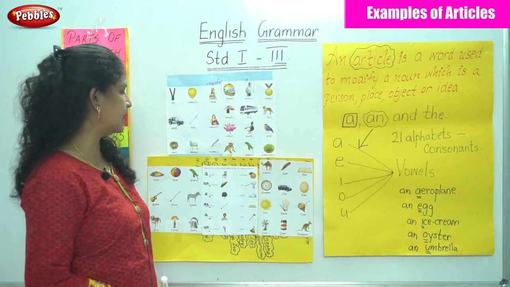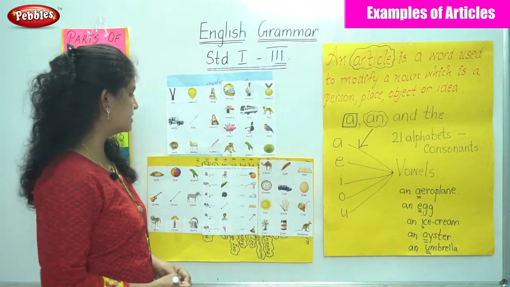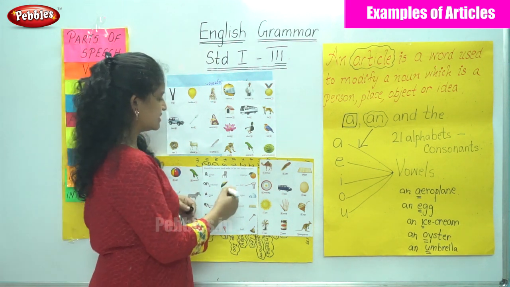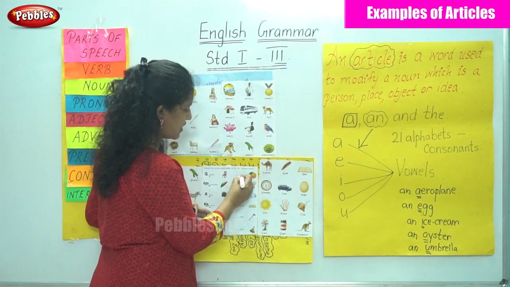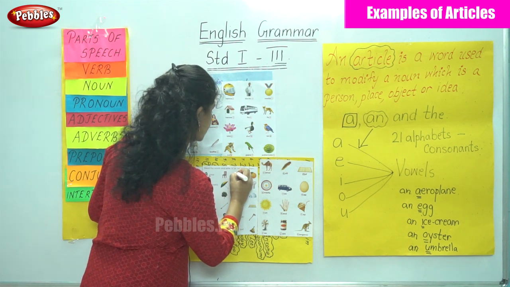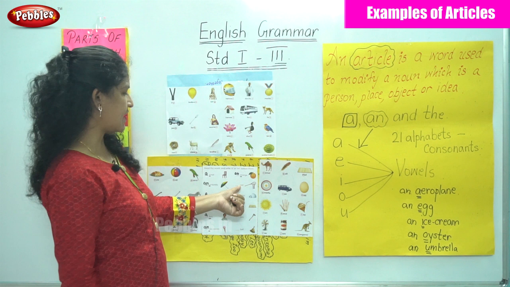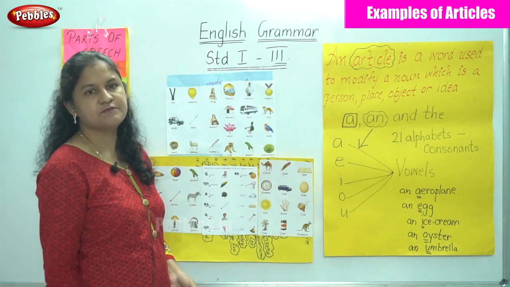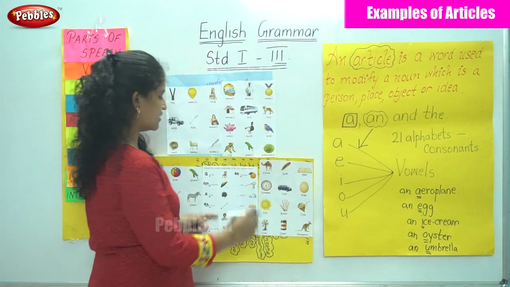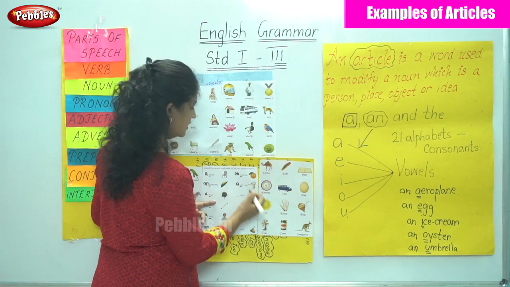So moving on to the next 6 pictures, we have the first picture orange, and the word begins with the alphabet O, which is a vowel. In that case, I use the article an before the word, an orange. The next picture I have net. Net begins with N, which is a consonant, and so I write the article a net.